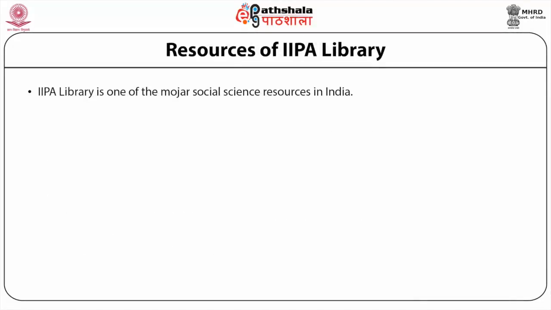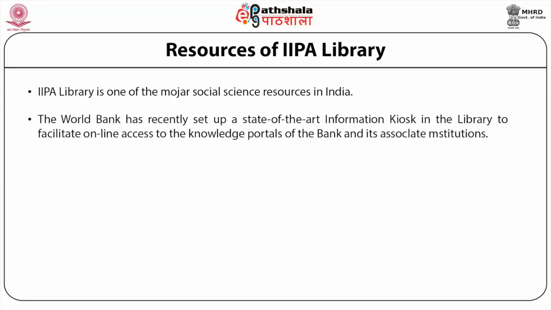IIPA library is one of the major social science resources in India. The World Bank has recently set up a state-of-the-art information kiosk in the library to facilitate online access to the knowledge portals of the bank and its associate institutions.